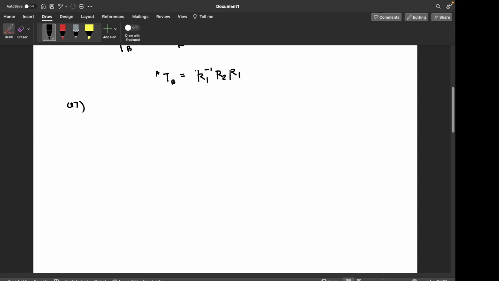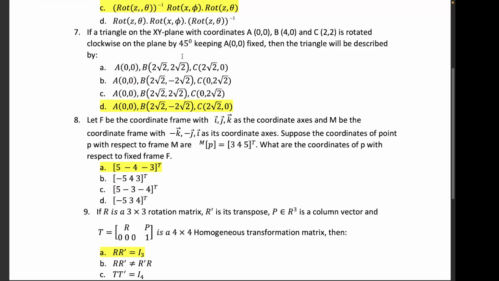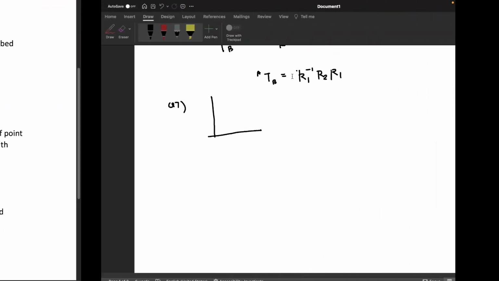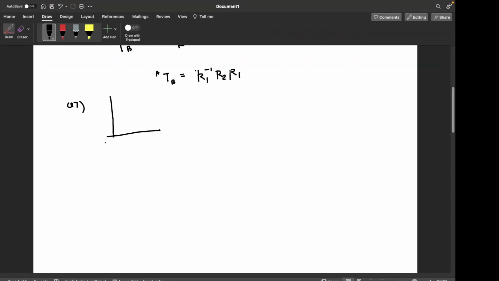Question 7. What we have here is a triangle with vertices (0, 0), (4, 0) and (2, 2). So (0, 0) is one point, (4, 0) is one point, and (2, 2) is one point.